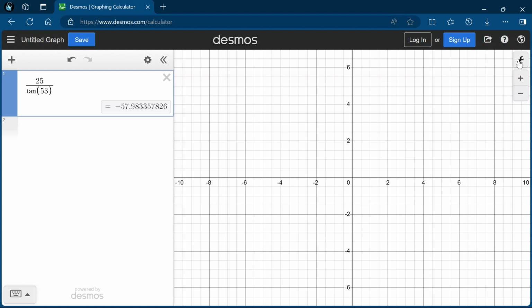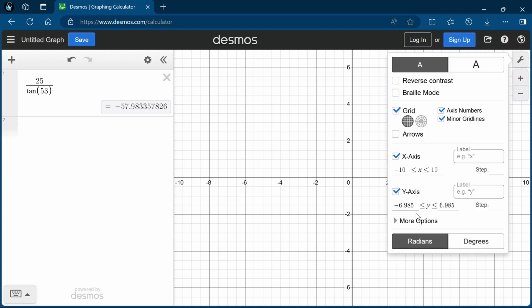That is an indicator that we're in the wrong mode. So if we go over to this little wrench, it lets us change the settings. And if we notice, by default, Desmos is set to use radians. So when we computed 25 divided by the tangent of 53, it is treating that 53 as a radian measure. And so I want to switch that radians to degrees. So just click on it.